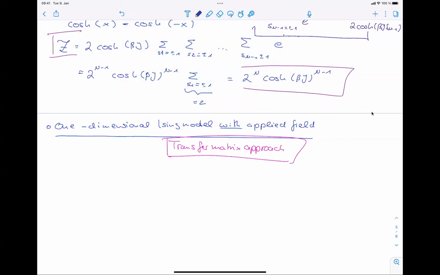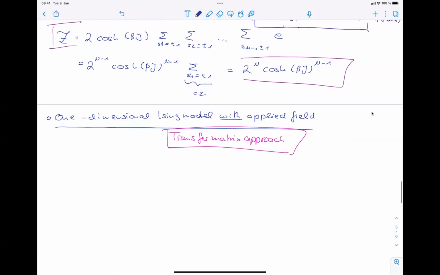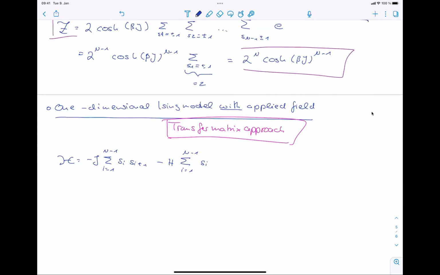The problem we want to solve is a Hamiltonian where we have what we already dealt with, the sum from i equals 1 to n minus 1 of Si Si plus 1, but now we add an external field and have another contribution. Since now we have a sum in the exponent, we can't go ahead and do the nice factorization that we did before. But we can still solve it with what's called the transfer matrix approach.